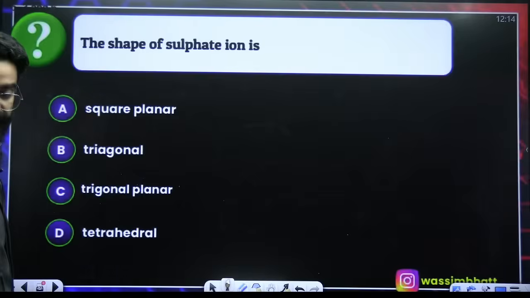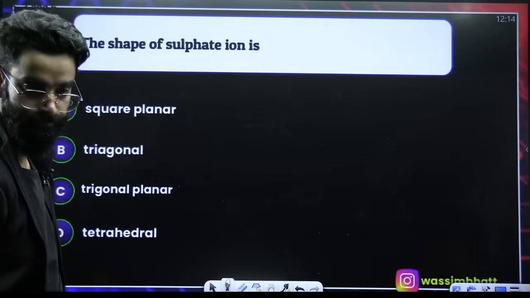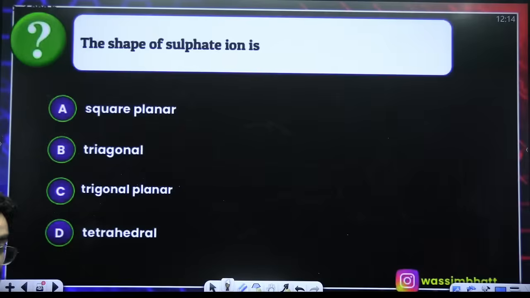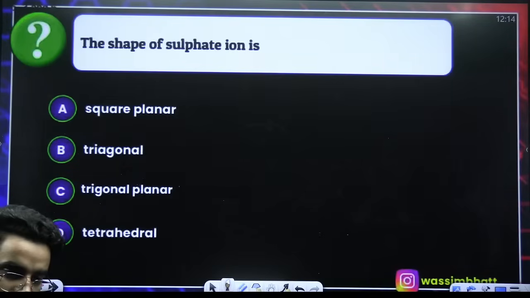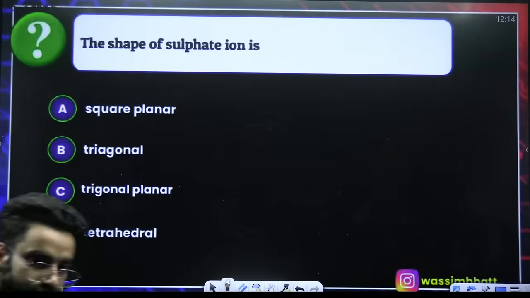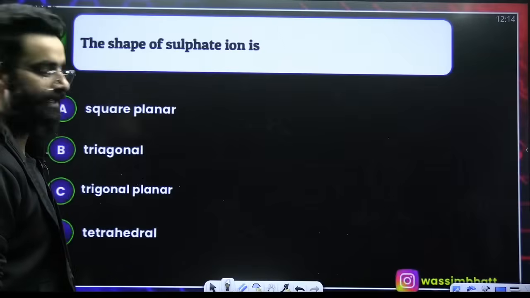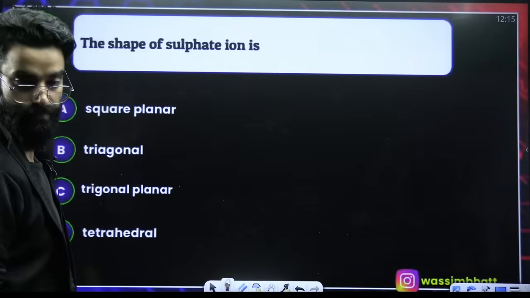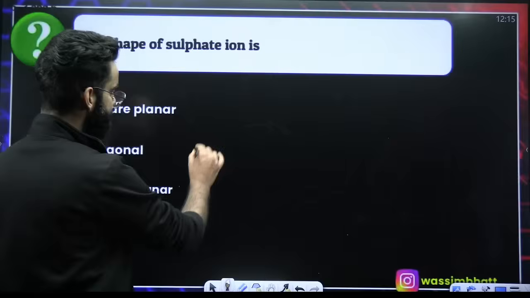What is the shape of sulfate ion? SO4 dinegative. Quick guys.